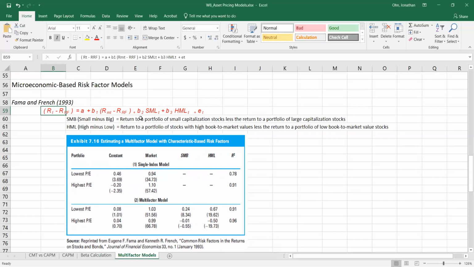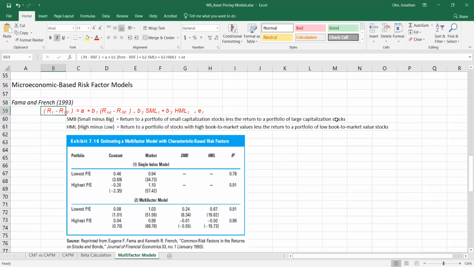So it's the return to a portfolio of small cap stocks minus the return of large cap stocks. Do you remember the size factor in chapter 5, right?